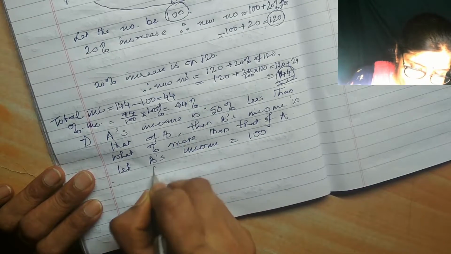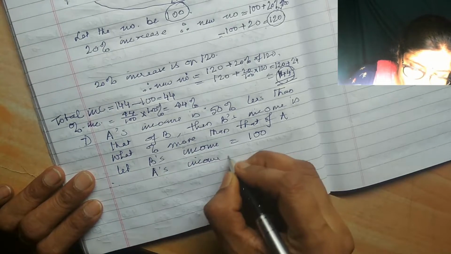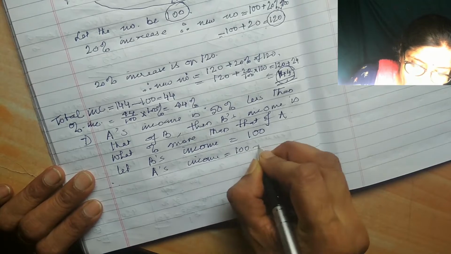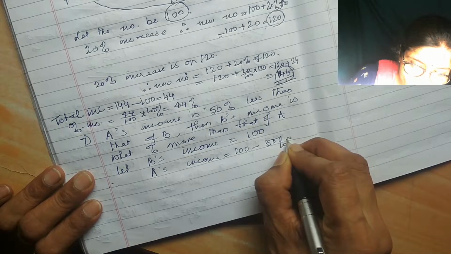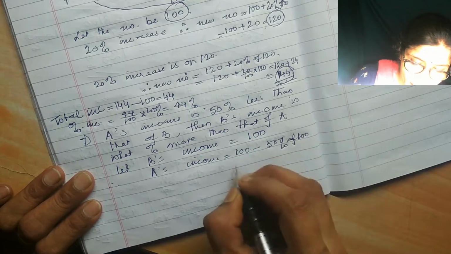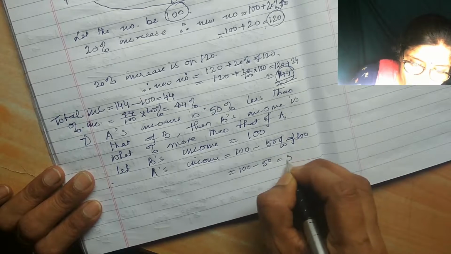Therefore, A's income will be equal to 100 minus 50% of 100. That is 100 minus 50, which is equal to 50.